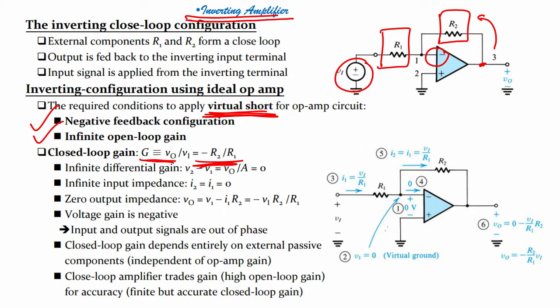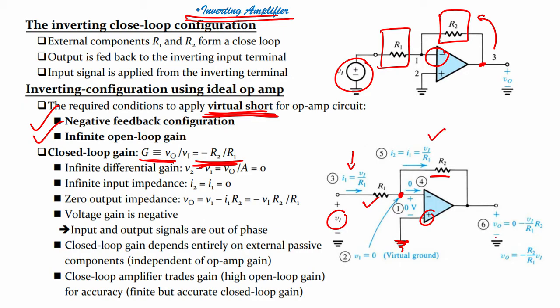If I look here, at this point it will be virtual ground. We have seen the concept of virtual ground, because our inverting terminal is grounded. That is why the point at the non inverting terminal will also be considered as ground, a virtual ground. So, if I have a resistor R1 and apply voltage V1, the current flowing through R1 would be I equals V1 by R1. Similarly, the current flowing through R2 is I2 equals I1 equals V1 by R1.